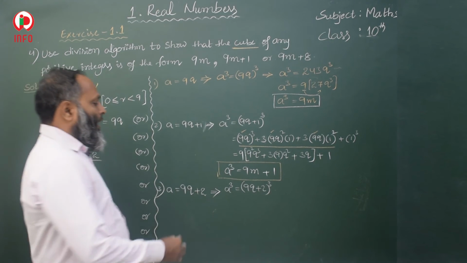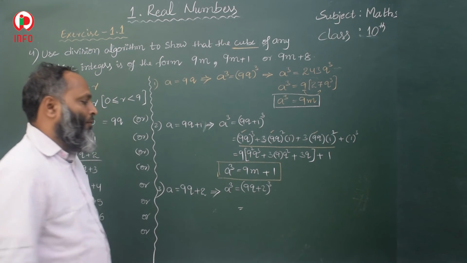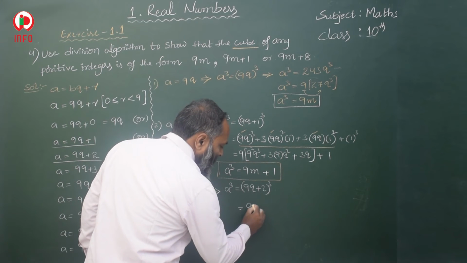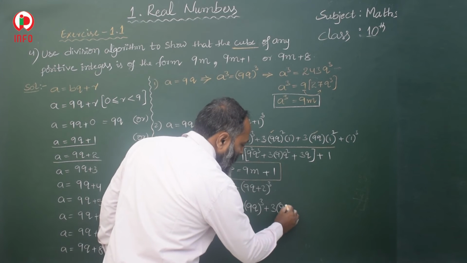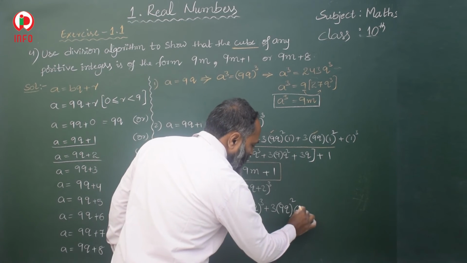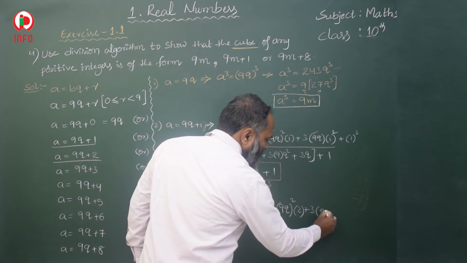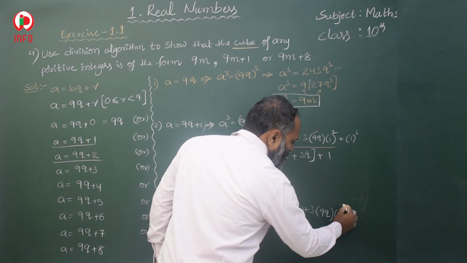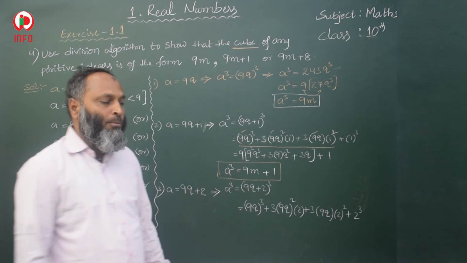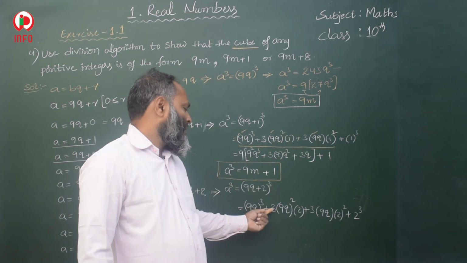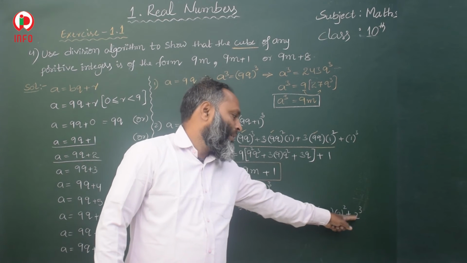Now a cube, it is the (a + b)³ formula: a³ + 3a²b + 3ab² + b³. Here a is 9q, a³ is (9q)³, a² means (9q)², and b means 2: 3a²b plus 3a means 9q, b means 2, b² plus b³. b³ means 2³.